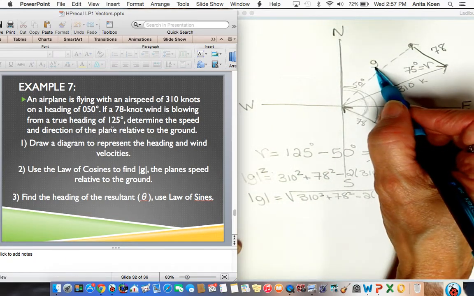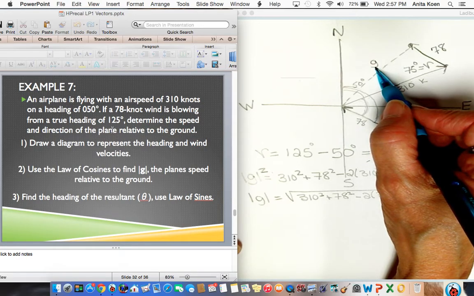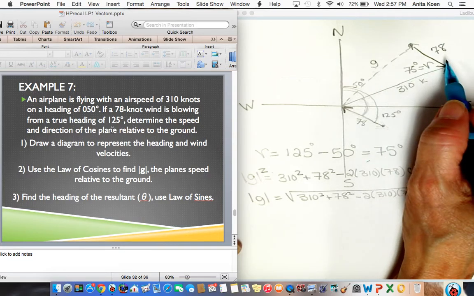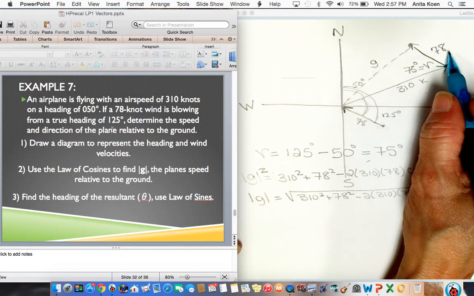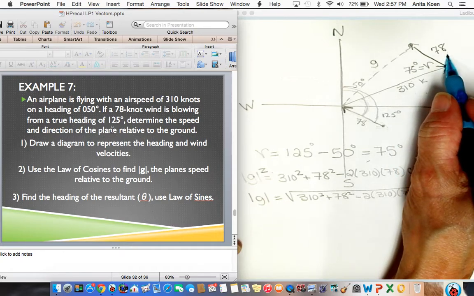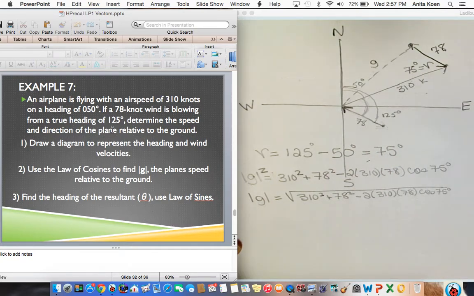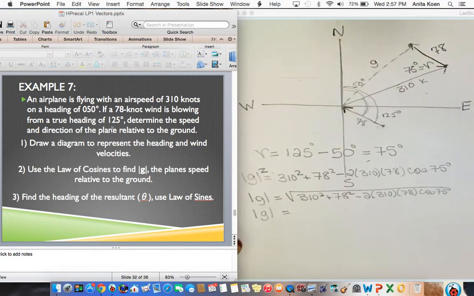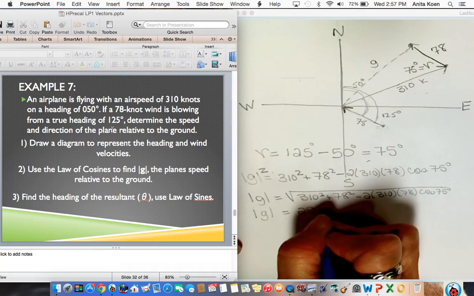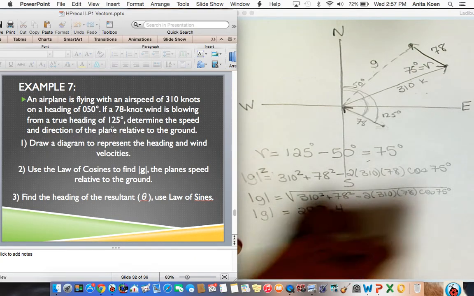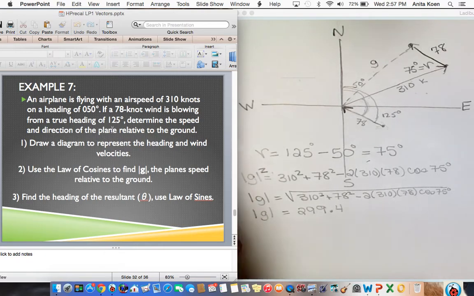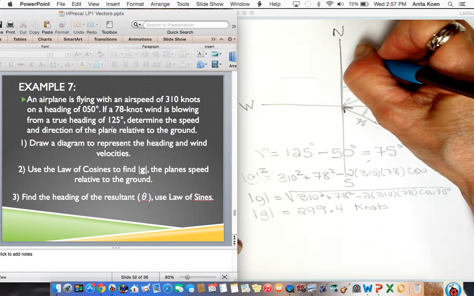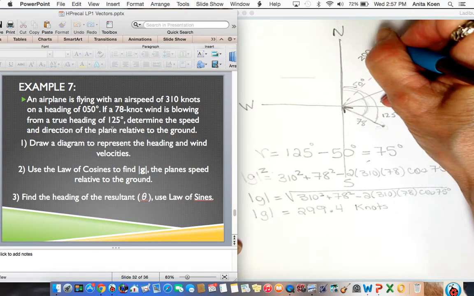The magnitude of G squared, this is vector G, is going to be 310 squared plus 78 squared minus 2 times 310 times 78 times the cosine of 75. Take the square root of that to get the magnitude of G, which when I put that all in my calculator I get 299.4 knots.